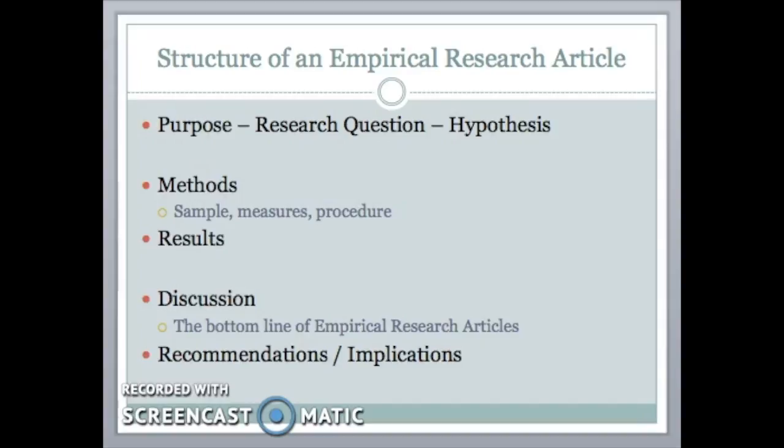So to review, our sample is our whole group, and the individual people within that sample are our participants, our respondents, or our subjects. Our measures or our measurement tool is the way the researchers collect the data. It's the way the researchers collect the information.